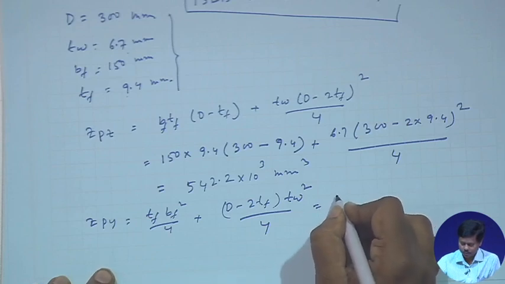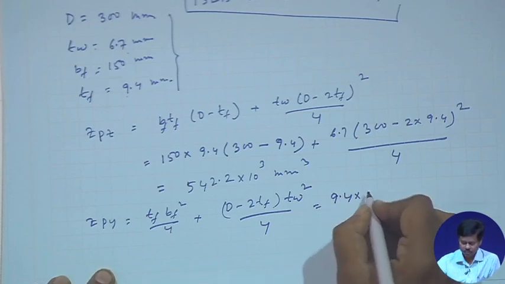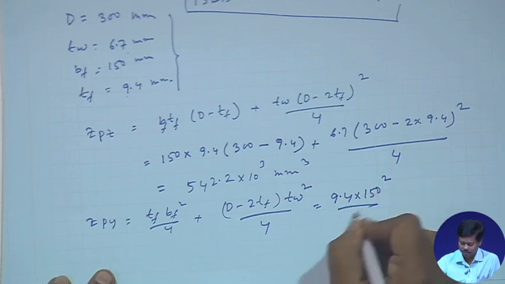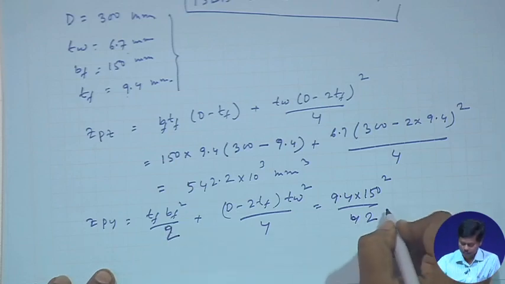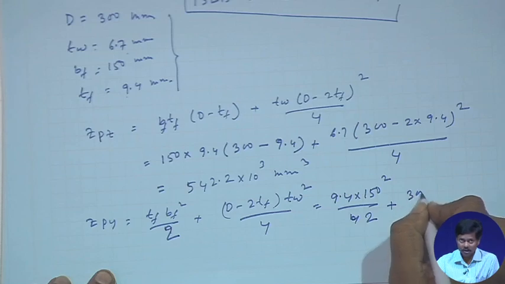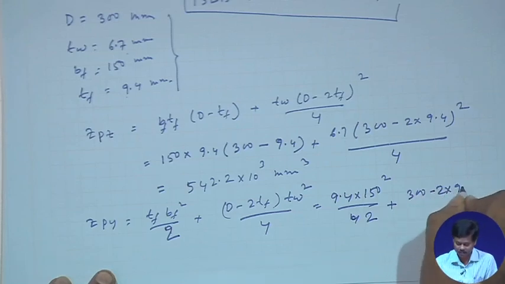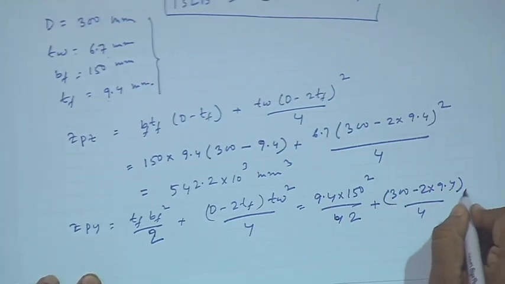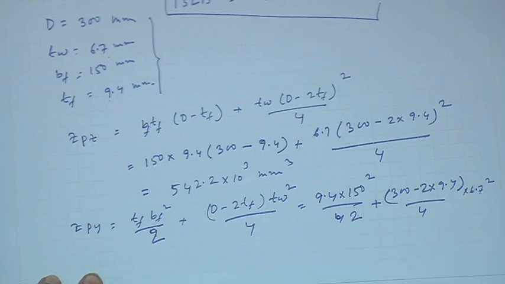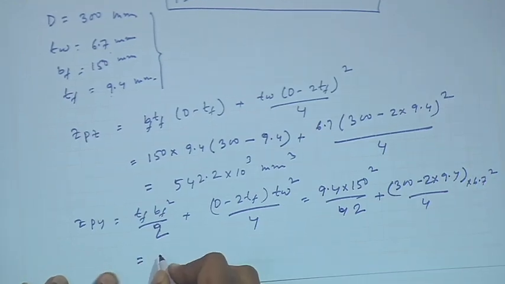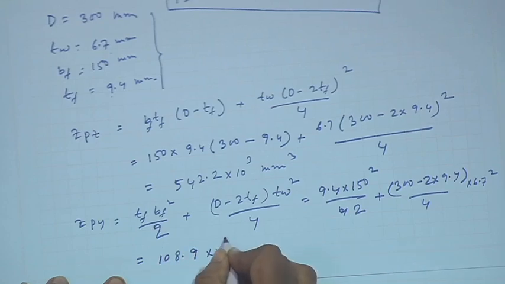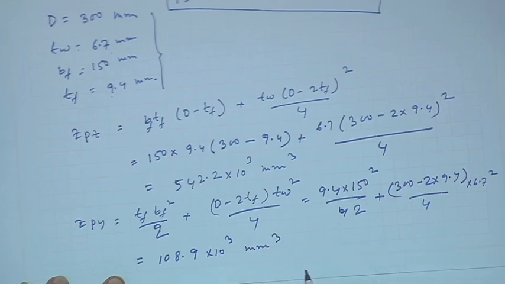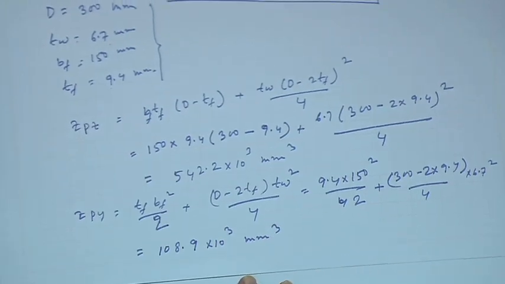So, thickness of flange was 9.4, into width of flange 150 by 2, plus (300 minus 2 into 9.4) by 4, into 6.7, right. So, after calculation of this we can get the value of Z p y as 108.9 into 10 cube millimeter cube.